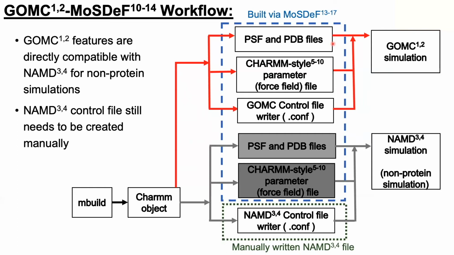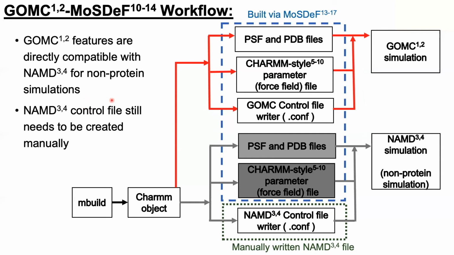And I will say that this same workflow can be used to run NAMD for non-protein simulations. So the residue name has to be the same as the whole molecule. For example, a protein has multiple different residues per molecule, and right now how this program's set up, it will not work.